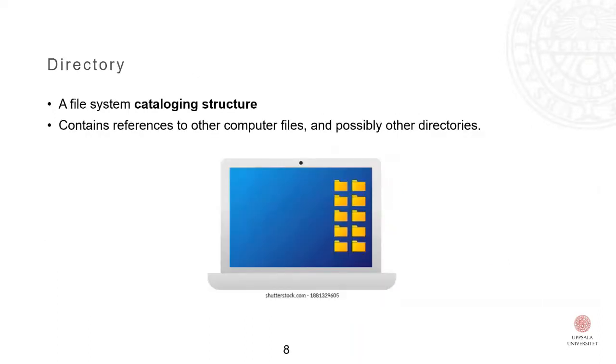And besides files, we have the directories, which is a file system cataloging structure. In each directory, there is a set of references to the computer files that are in that directory. So directories like files are logical entities, meaning that they don't exist specifically on the memory of a computer.